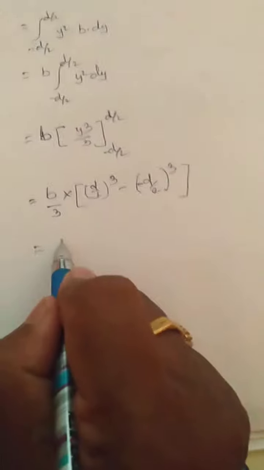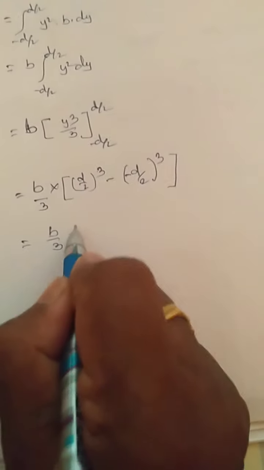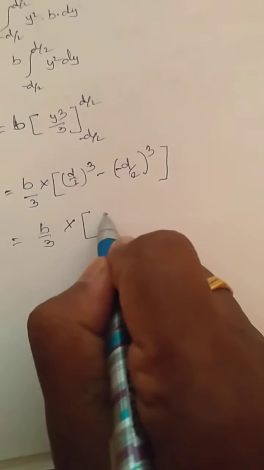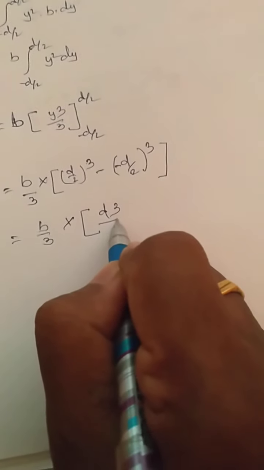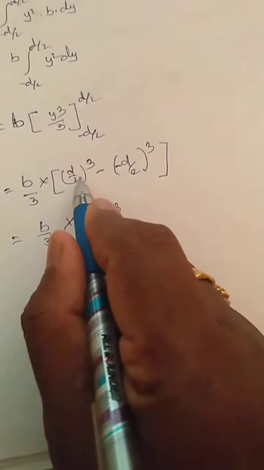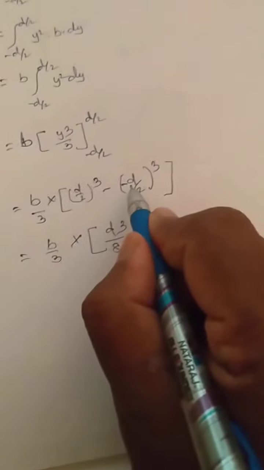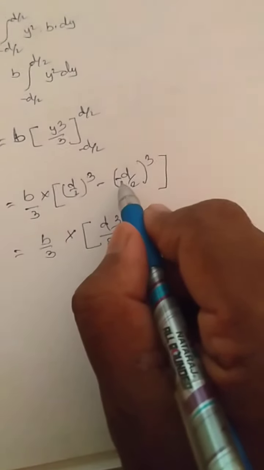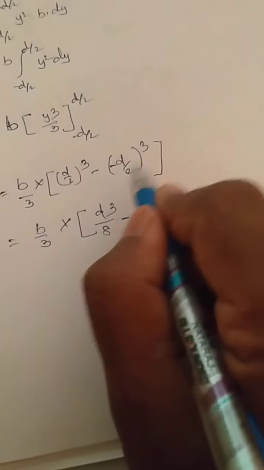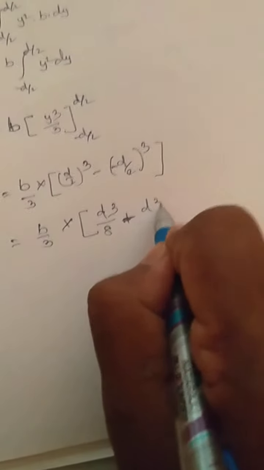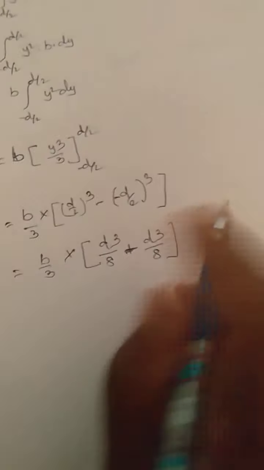Now which is equal to b by 3 into d cube by 2 cubed, 2 twos are 4, 4 twos are 8, so d cube by 8, minus, now it is minus d cube by 8, minus into minus becomes plus, again d cube by 8.